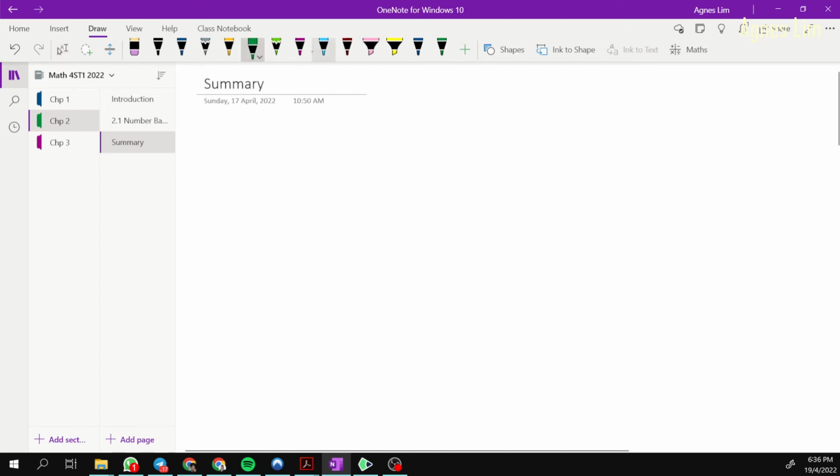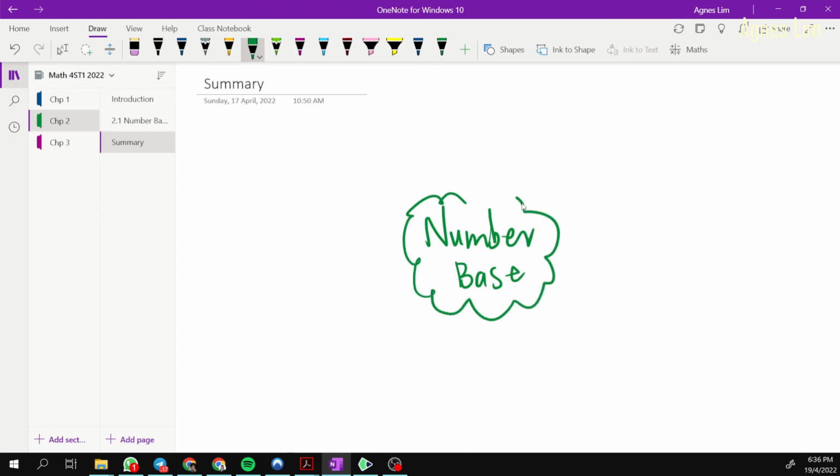So this chapter is called number base. We learn to list a number in different bases.